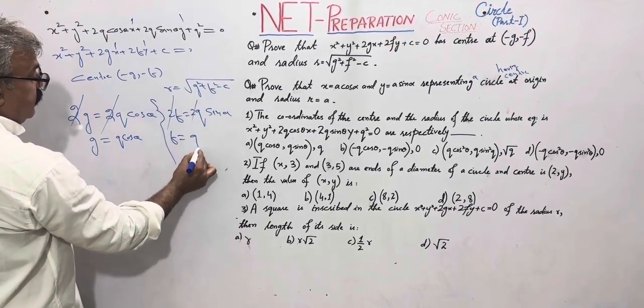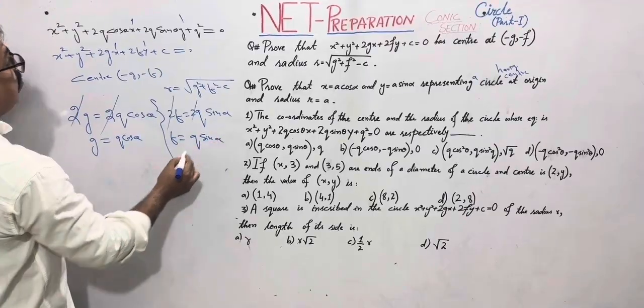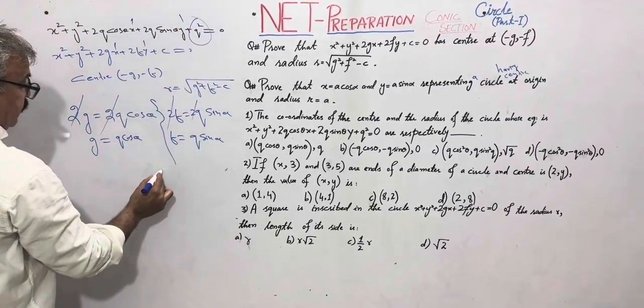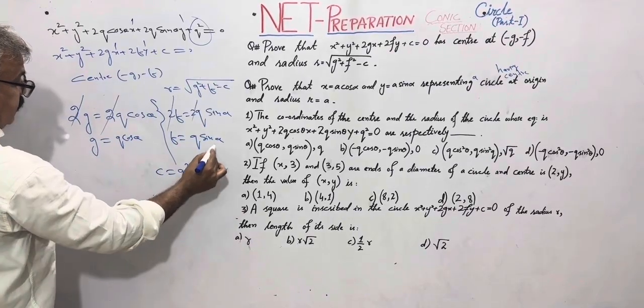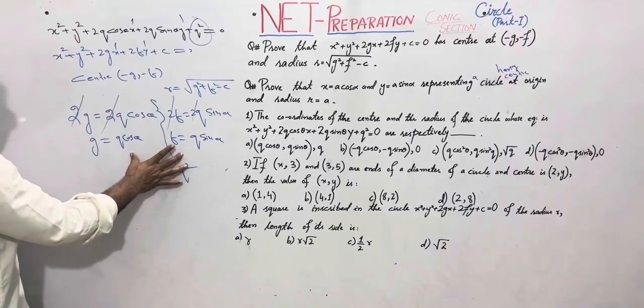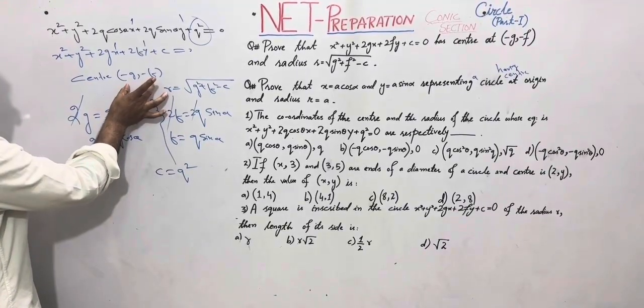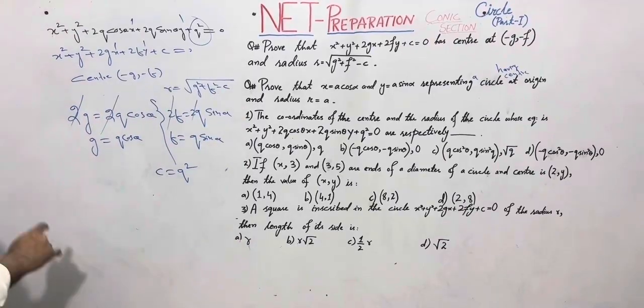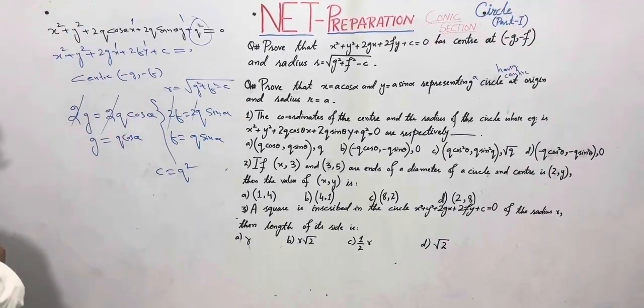F is equal to q sin theta. While the constant term, that is q square, is the value of c. Okay, plug in the values. G and f here give our center. For radius, we have to plug in the values of g, f and c in that equation.